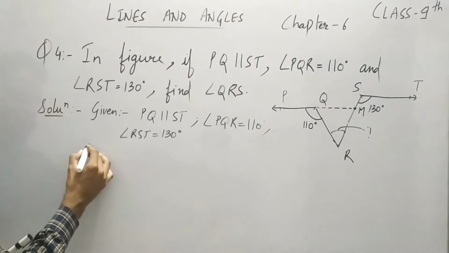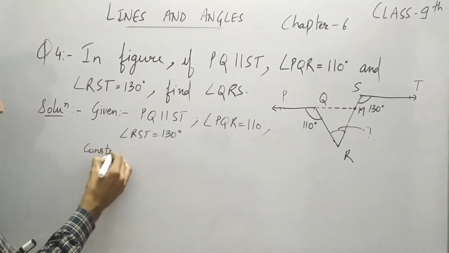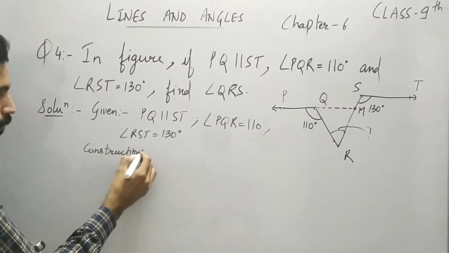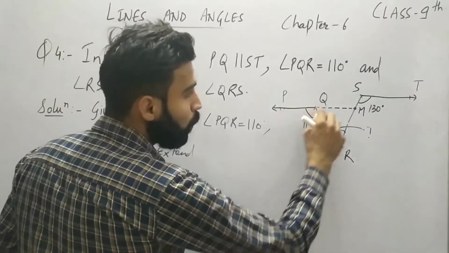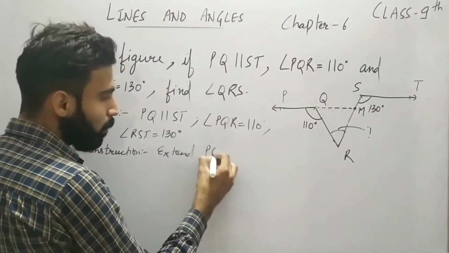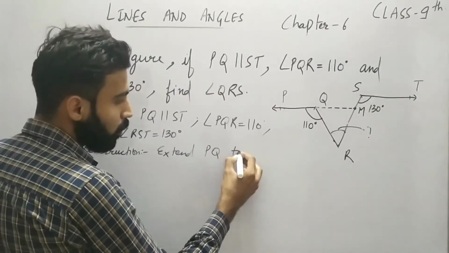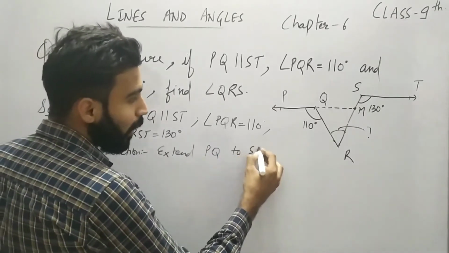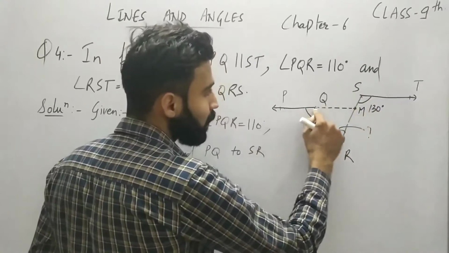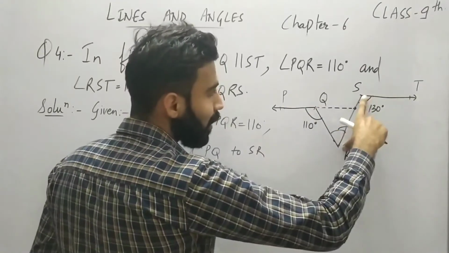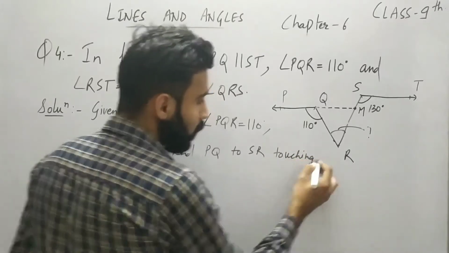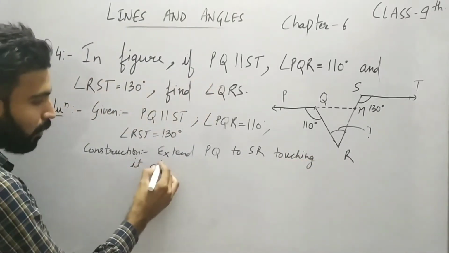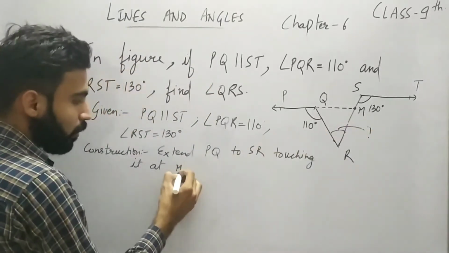Now, construction here is extend this line PQ. You can see here, extend PQ to SR. So I have extended PQ to SR, touching it at M point, right?